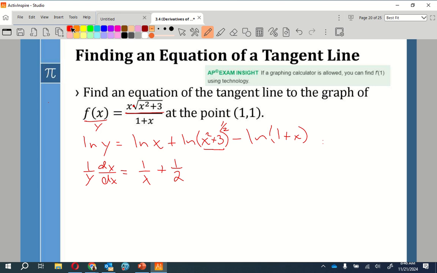So the derivative of ln is going to be basically 1 over u, so this is going to be 1 over x squared plus 3 times u prime. What would my u prime be? 2x, very good.